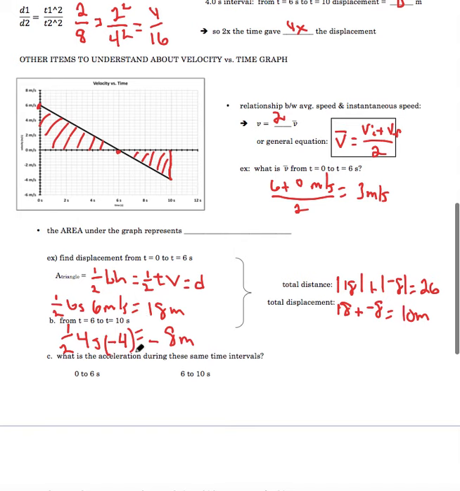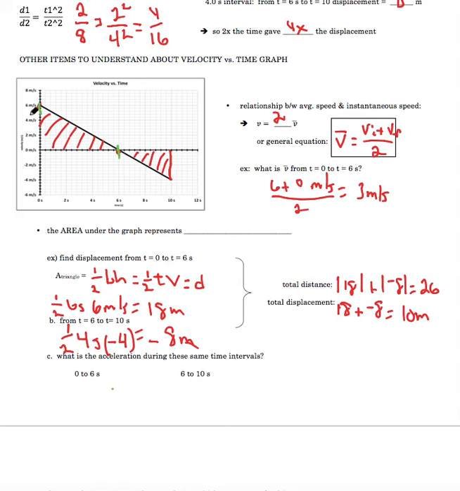All right, the last thing, what is the acceleration during the same time intervals? Okay, so we can't forget that acceleration is the slope. So let me just change something about my pen. I'll go to a different color. All right, so our slope is change in y over change in x, right? So I'm going to choose 2 points on this line. I'm going from 0 to 6 seconds, so I'm really finding the slope between here and here.